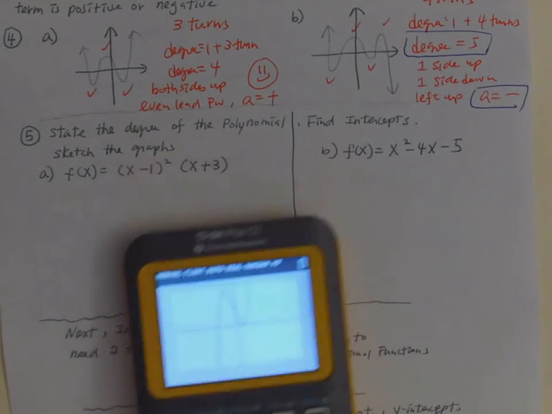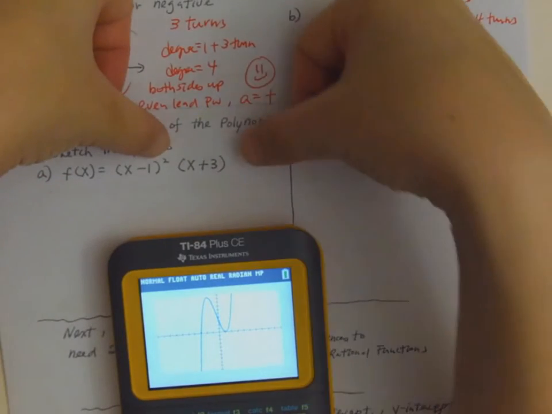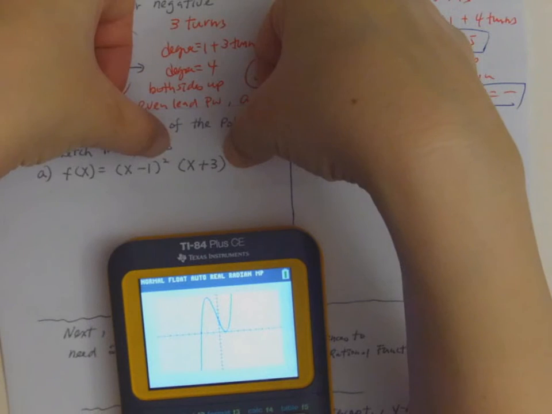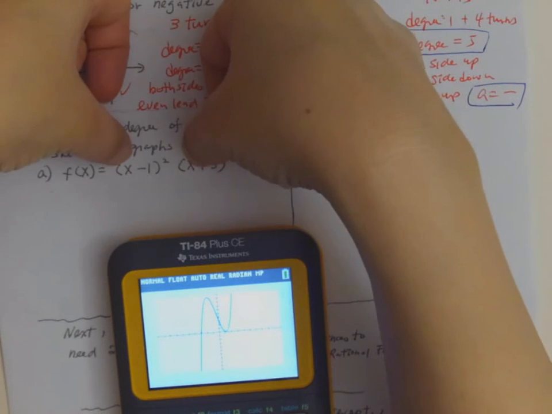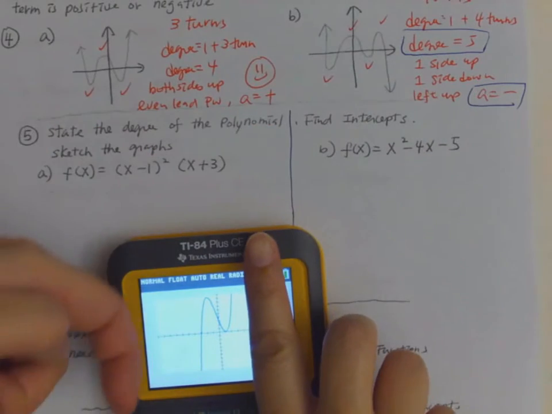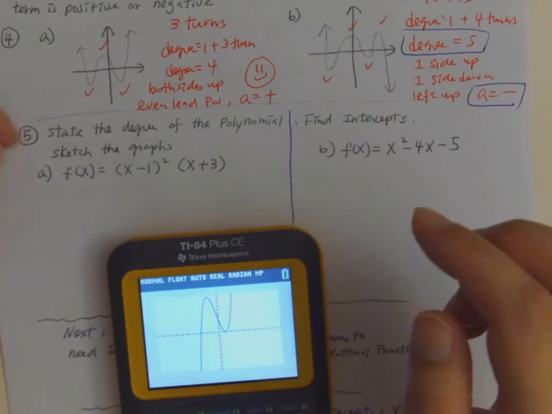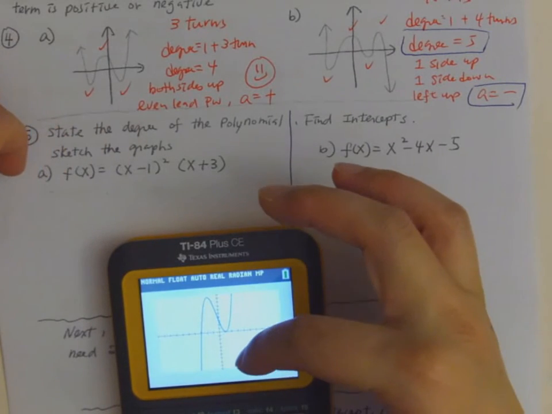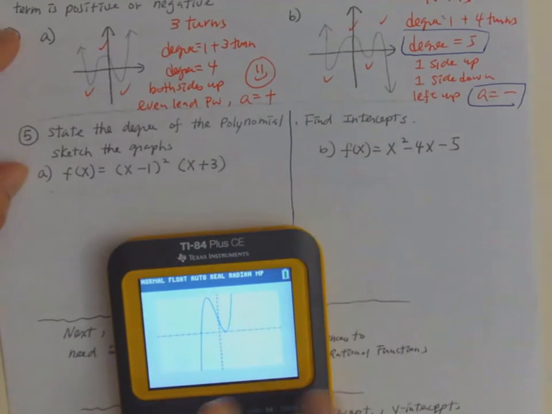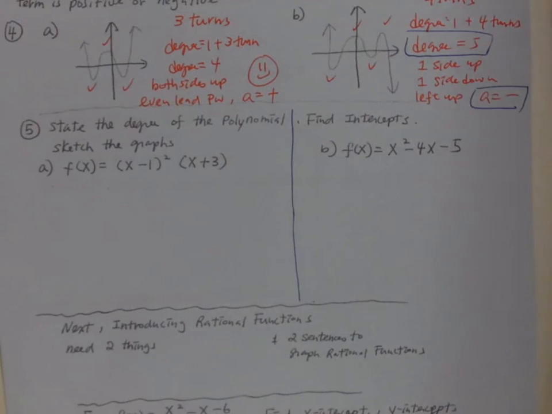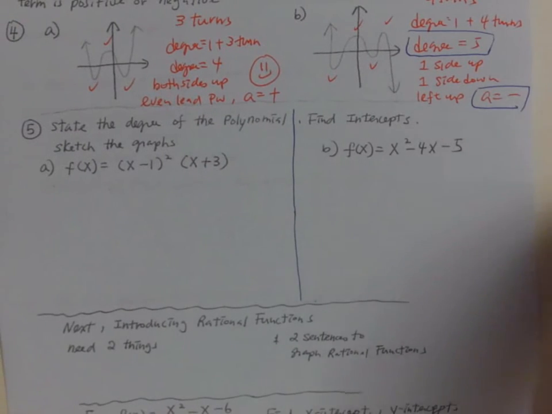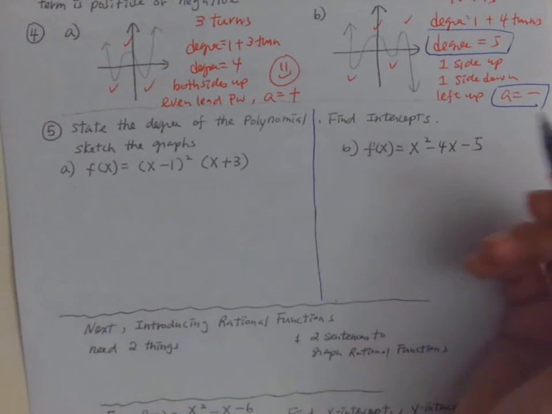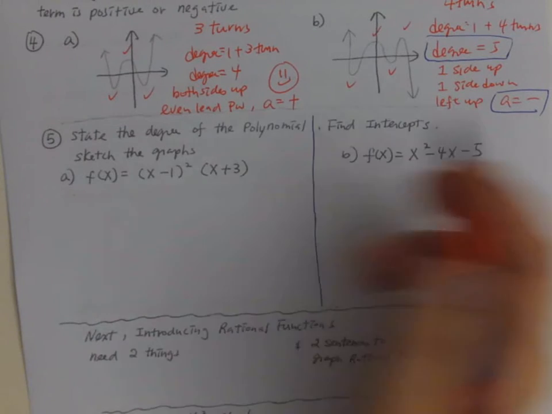So it should look kind of like this, which makes sense, right? This is degree 2 and one more degree 3. X times X will be positive, so it's one side up, one side down. And because it's degree 3, you have one less turn, right? So 2 turns. All right. Let's see.